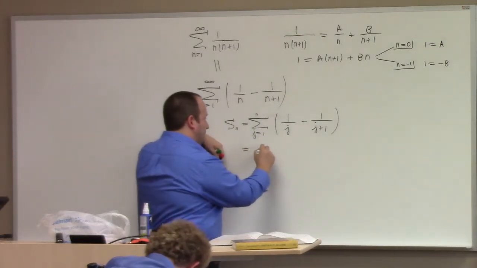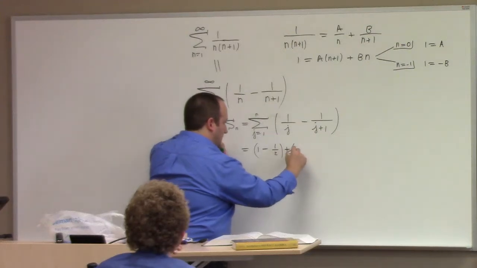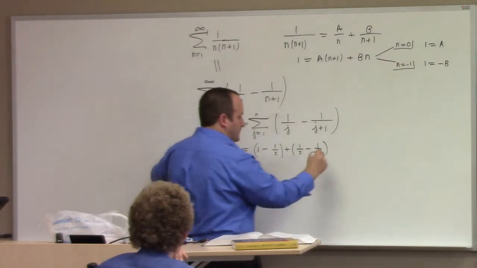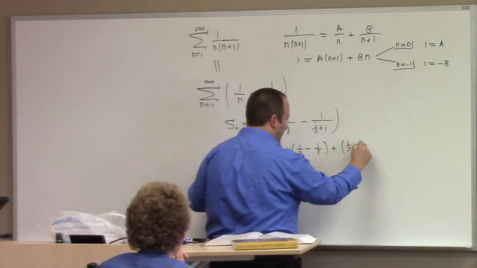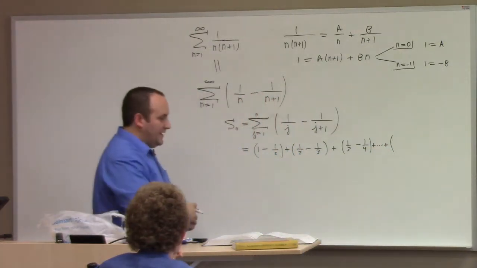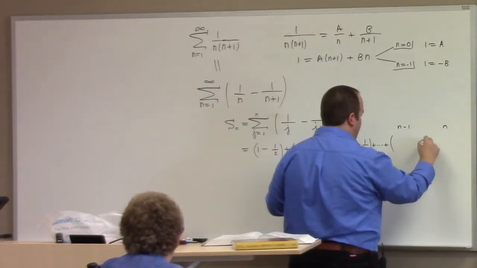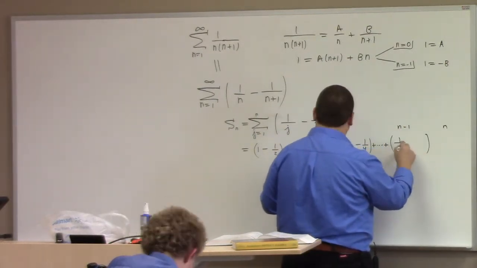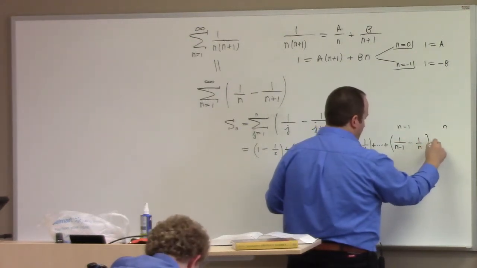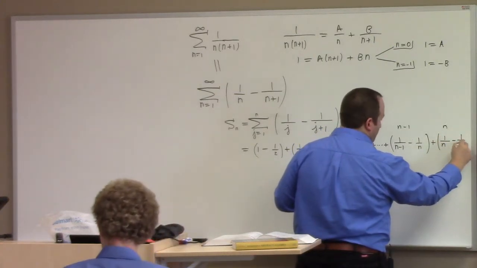So we got 1 minus a half plus 1/2 minus a third plus a third minus a fourth plus and so on, and here I'll look at the n minus 1 term, this can be the nth term. So n minus 1, I get 1 over n minus 1 minus 1 over n, and then finally 1 over n minus 1 over n plus 1.